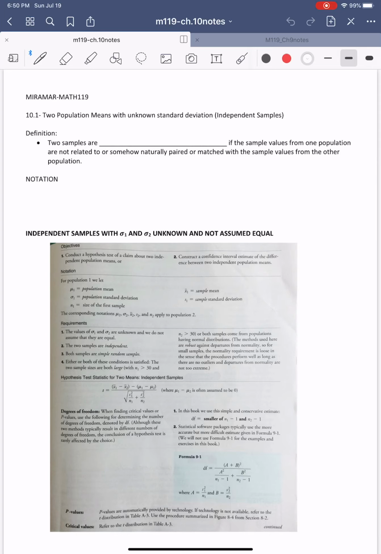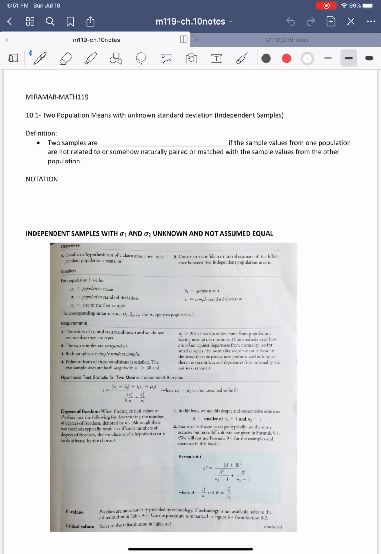Now in Chapter 10, instead of comparing to a number, we're going to compare within two groups, Group 1 versus Group 2. So that's the only thing that's different in Chapter 10. So we'll still play around with all those hypothesis tests, t-test, z-test, and then the proportion test.